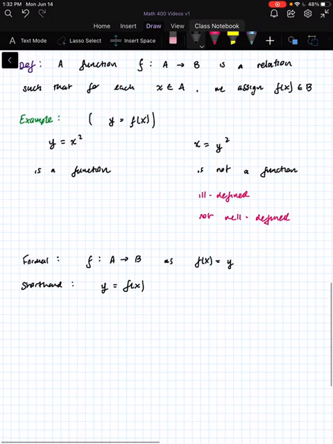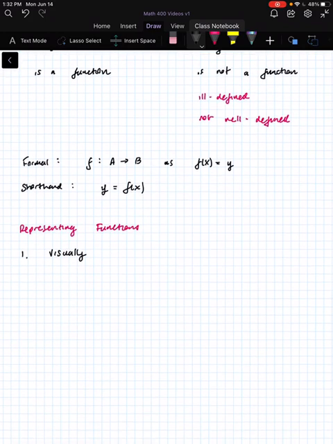So let's think about how to represent functions. Representing functions. Our first technique that we'll use is visually. And by visually, we actually mean a couple of different ways. The first that we might encounter is what we call an arrow diagram.